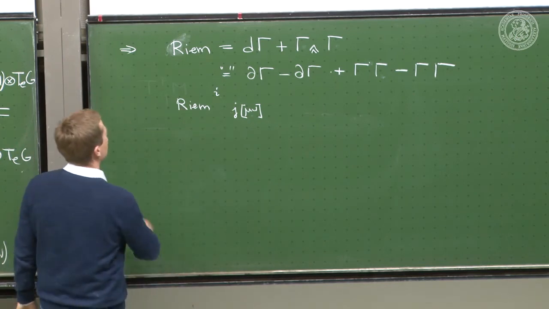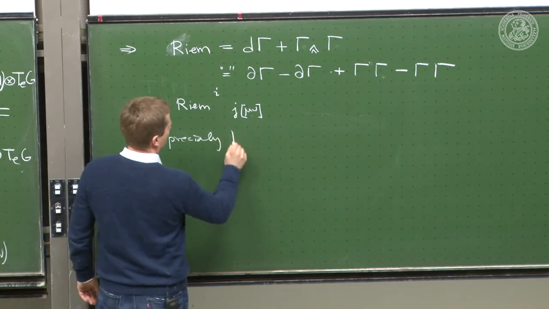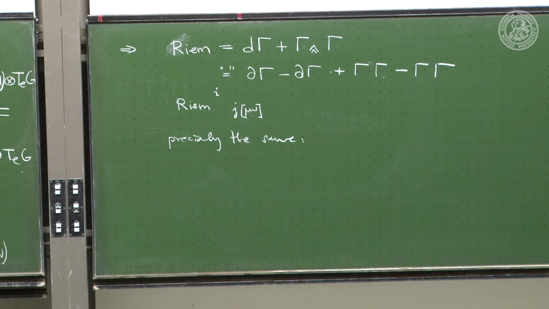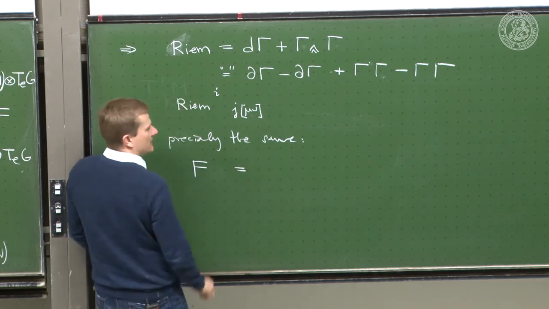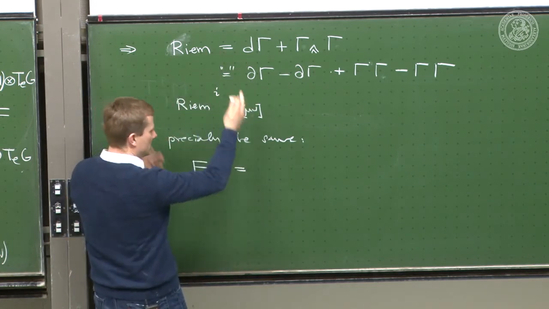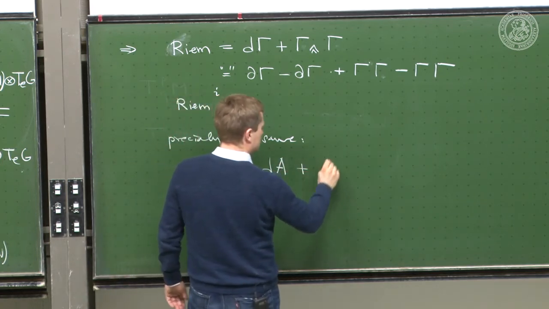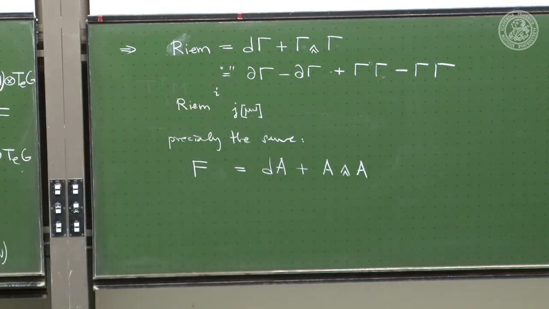Okay, so this is this thing, but precisely the same, because gamma is A and Riem is F, precisely the same, you have that the field strength in non-abelian gauge theory, but this is a non-abelian gauge theory, right, is dA plus A wedge A. Okay?